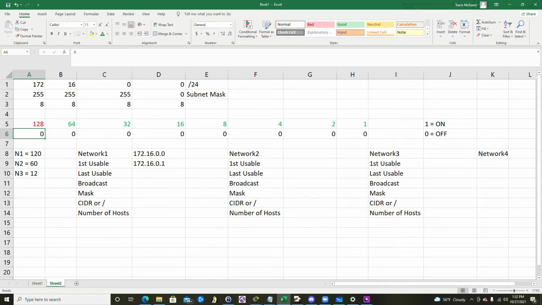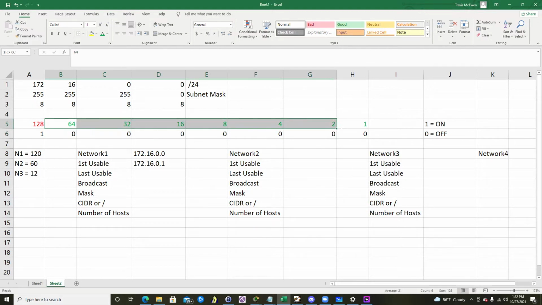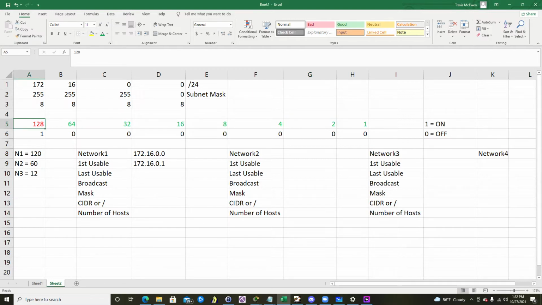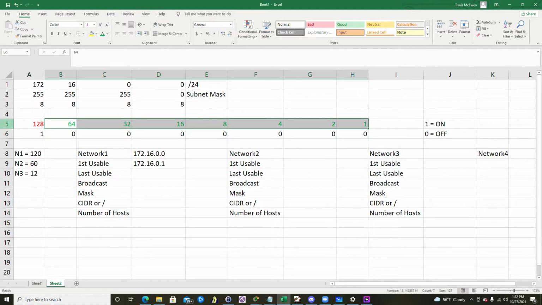Now, the 128 flips to a 1, and remember we have that imaginary line, and everything to the right is still left at zeros, or still left as green. So this is essentially what we're defining here. So this now becomes our network bits, and these are our host bits.